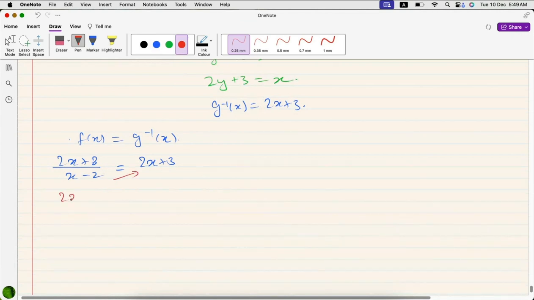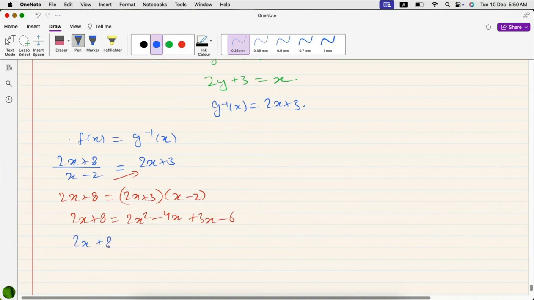Cross multiplying, 2x plus 8 is equal to 2x plus 3 into x minus 2. 2x plus 8 is equal to 2x square minus 4x plus 3x minus 6. 2x plus 8, 2x square minus x minus 6, rearranging. 2x square minus x minus 2x minus x minus 8. 2x square minus 3x minus 14.